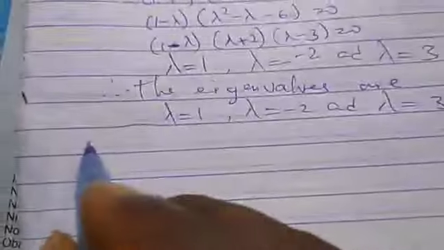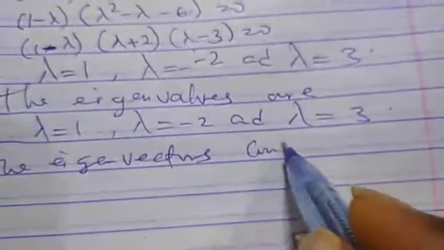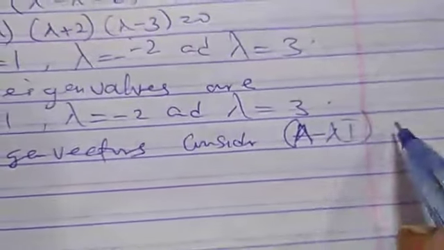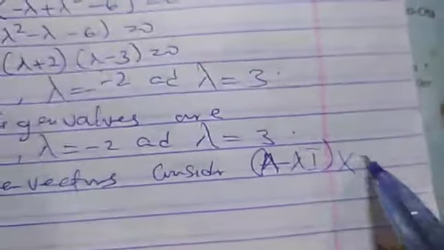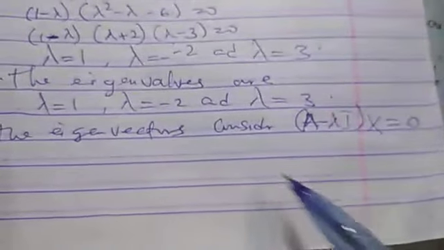Now, we consider the eigenvectors. For the eigenvectors, we are going to consider the characteristic equation, that is (A minus lambda I) x equal to 0. We have written it here already, we just need to write it out.